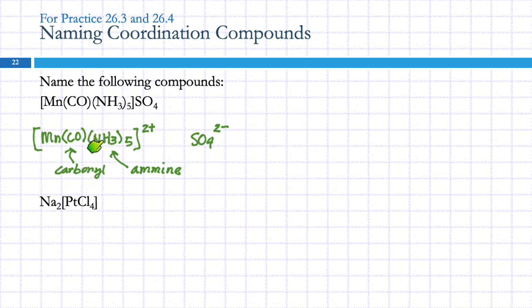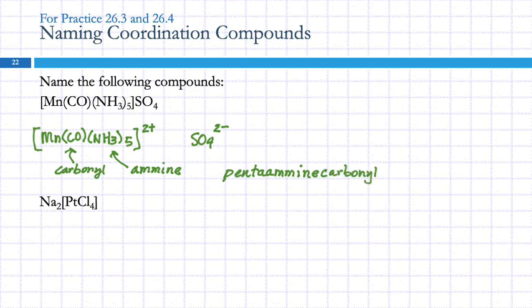So how many amines do we have? 5. So the prefix for 5 is penta. Pentaamine. And how many of the COs? 1. So we're not going to use a prefix, because if it was a different number, we'd use a prefix. So this is another example of chemists not using the number 1. Carbonyl.